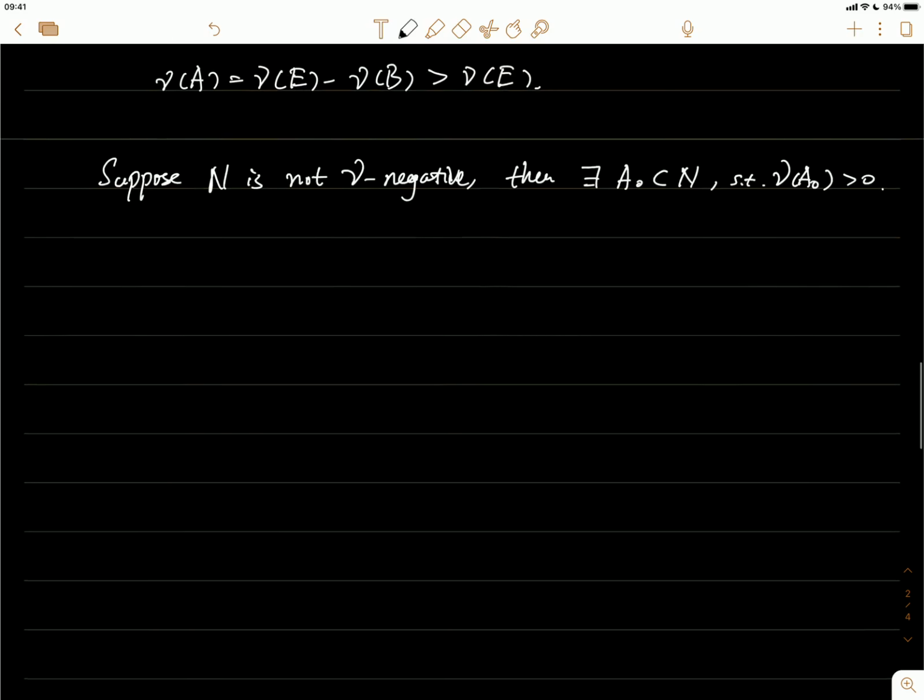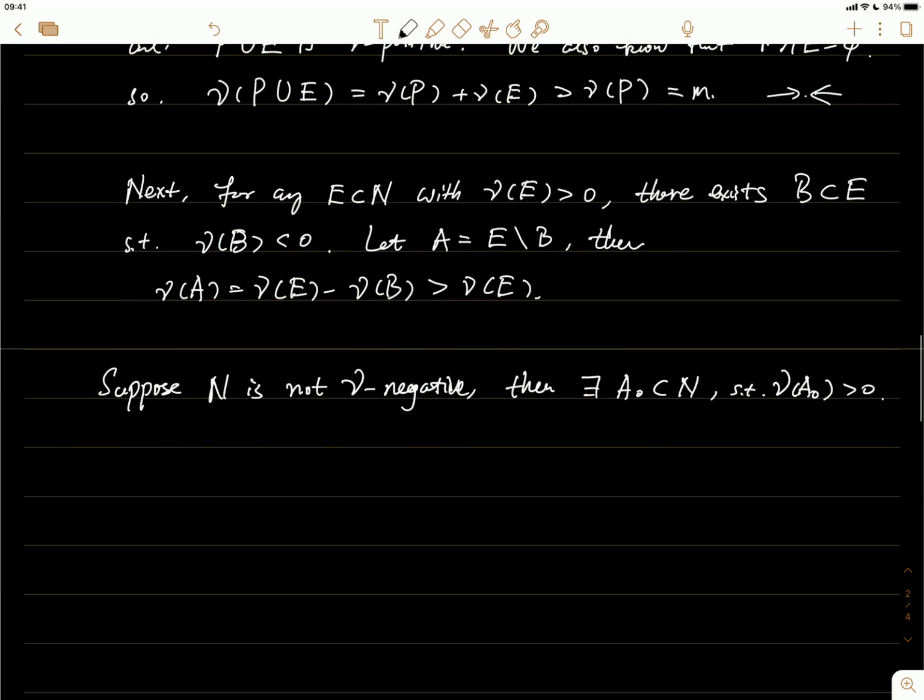What we just showed before is that if the subset is a subset of N and it has a positive measure, that means we can take out some part and make this measure even bigger.